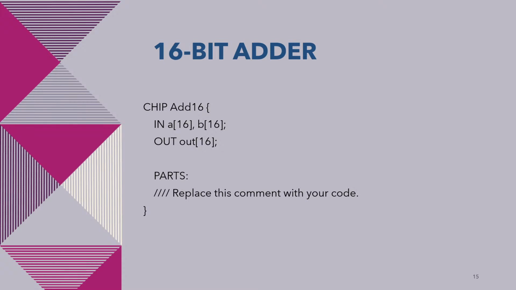Either way, it doesn't matter. And then the outputs of those 16 components will go to the output of the 16-bit adder, out 0, out 1, out 2, and so on, for the entire thing. So you just put that under the parts, and it should work out for you.